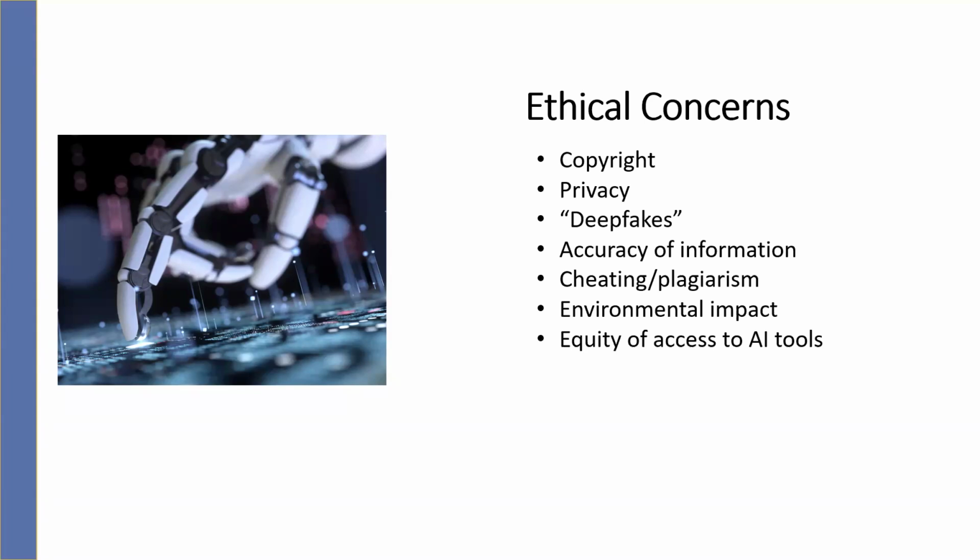Again, we're talking about the accuracy of information, whether the outputs you're getting from the AI are something you're able to fact check. Then there are issues of cheating and plagiarism.